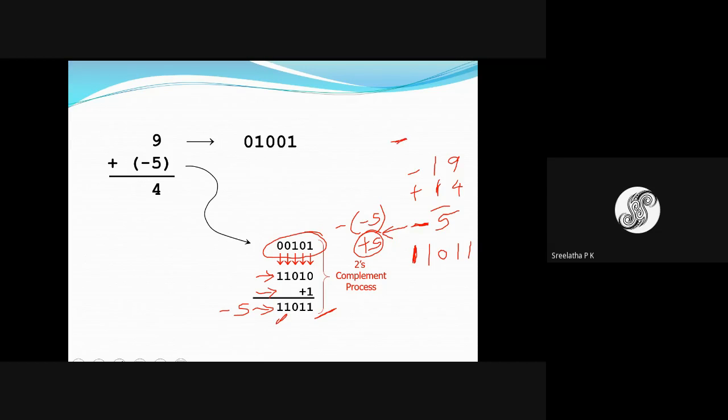Now find the 2's complement of it. First the 1's complement, so 0, 0, 1, 0, 0, plus 1, you get 1, 0, 1, 0, 0, that is 5. So you know that whatever bit pattern you have got after this operation stands for minus 5, minus because the most significant bit is 1.